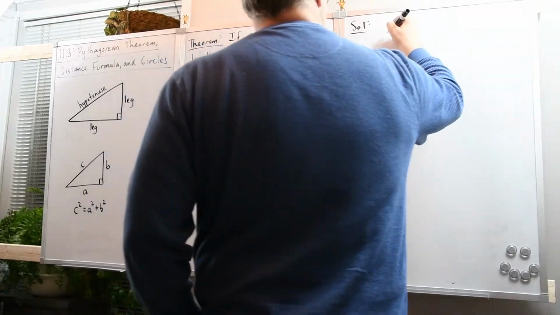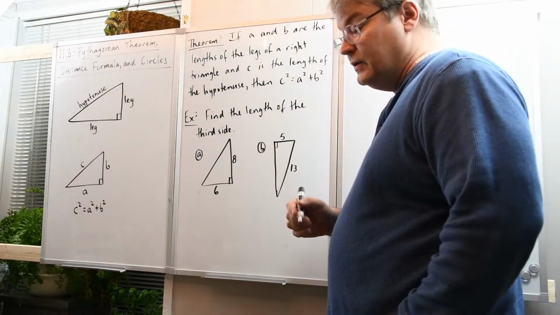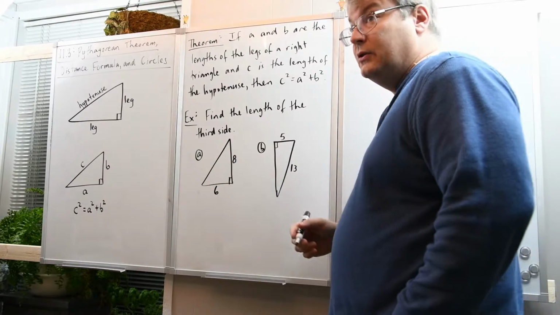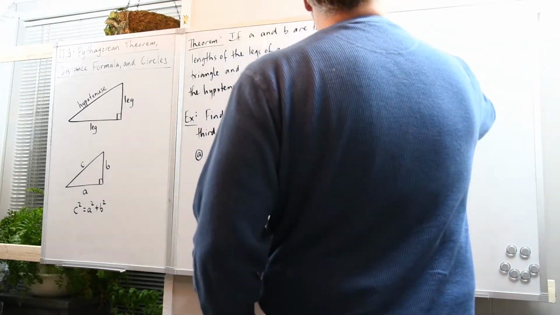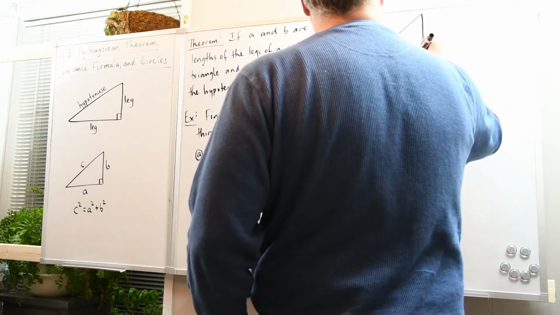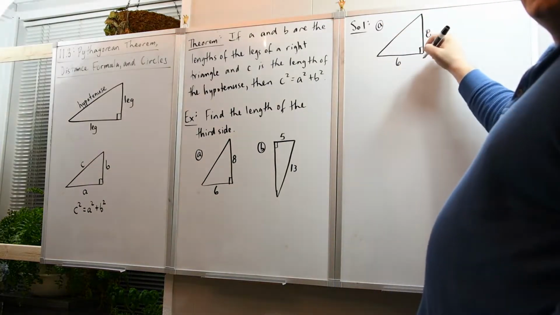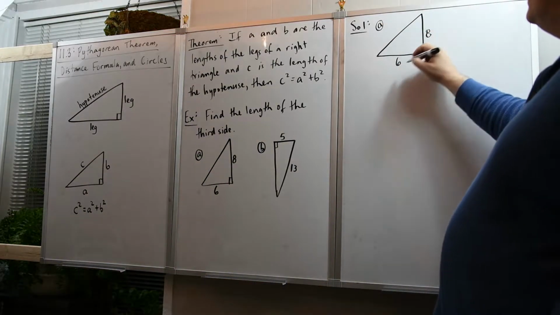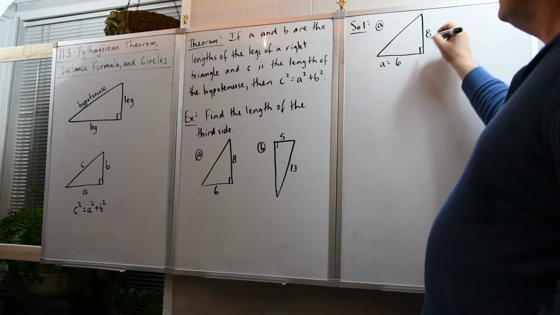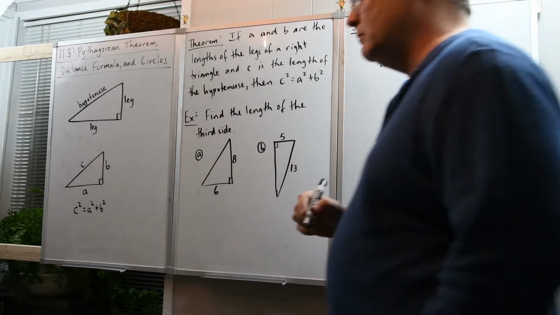When we go to take a look at the solution for part A, let's think about the fact that the two sides whose lengths are known are the two legs of the right triangle. So if this is 6 and this is 8, we could say A is equal to 6, B is equal to 8, so what is C?